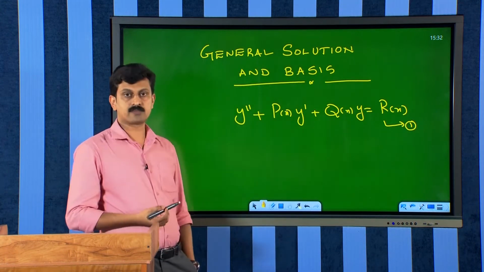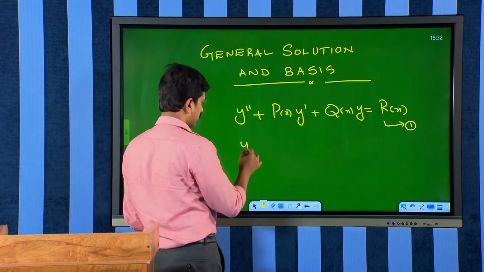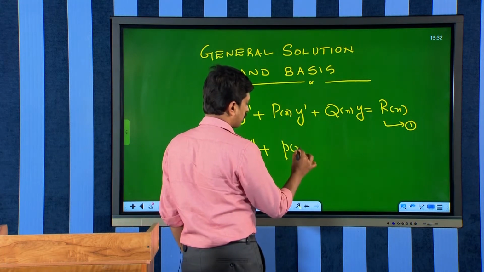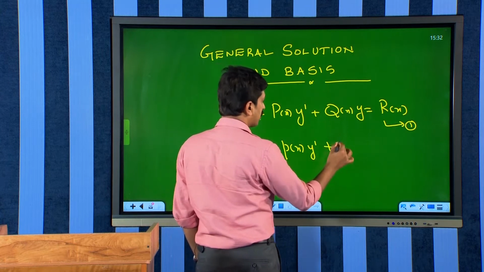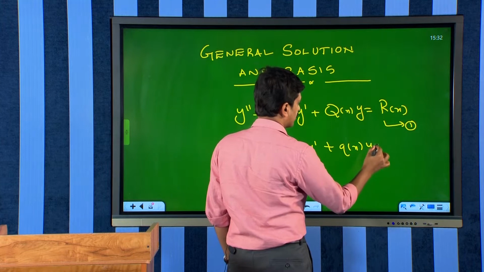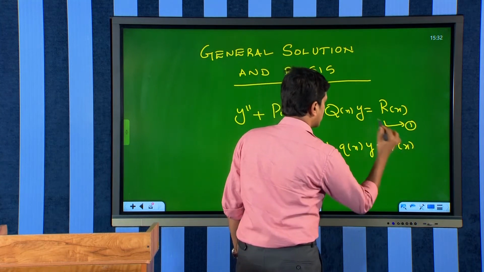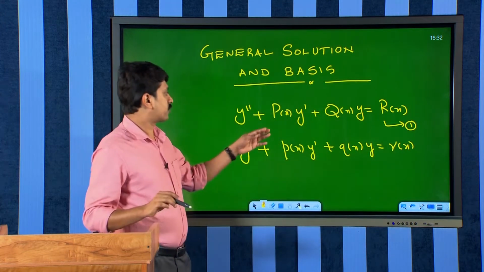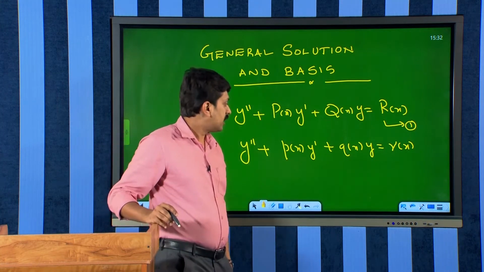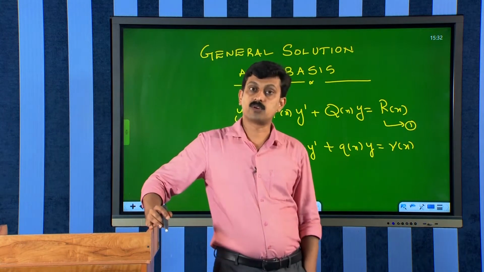Sometimes the representation uses small p(x), small q(x) and small r(x) instead of capital P, Q and R, and based on context you may understand it.